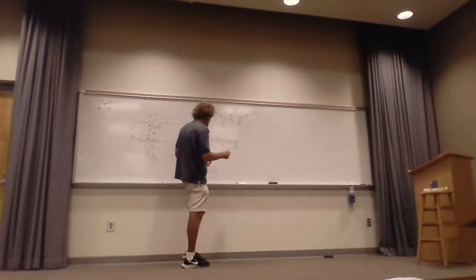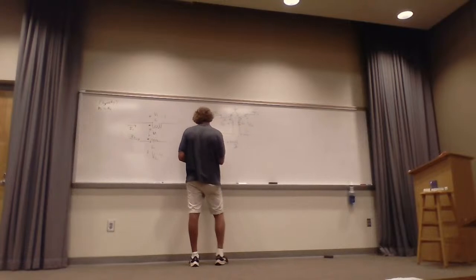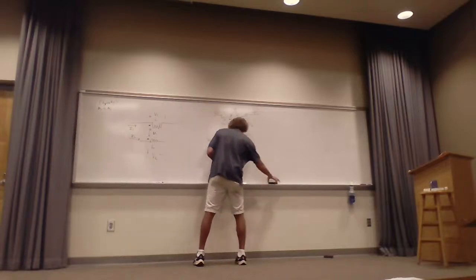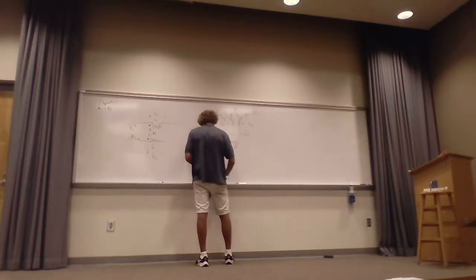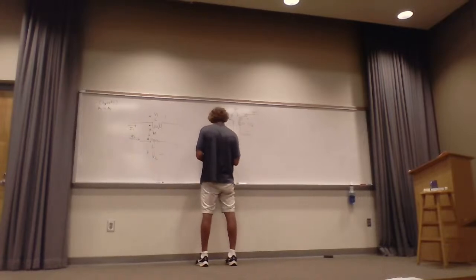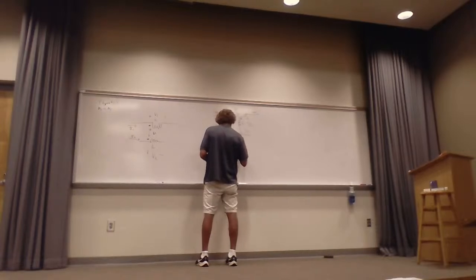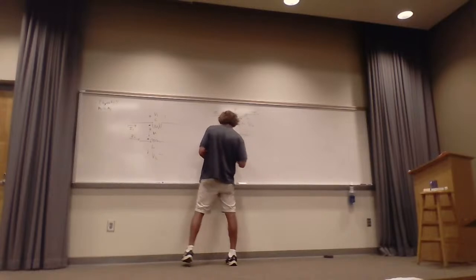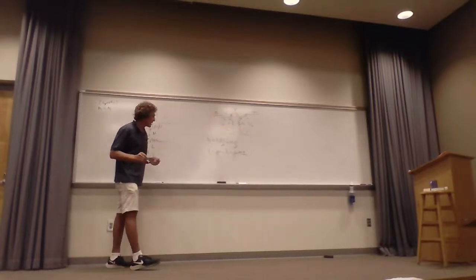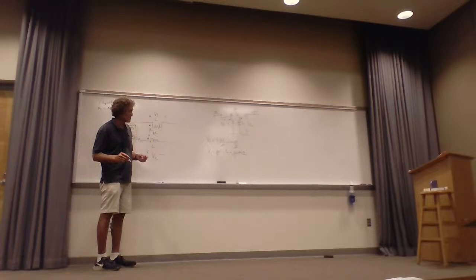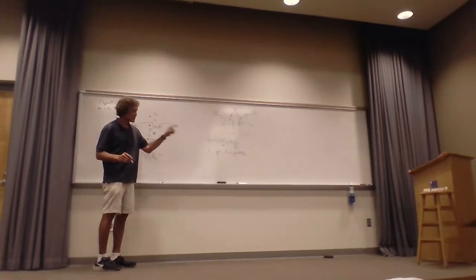So what I can do is write V1 is equal to j omega L1 times I1 plus j omega M, the mutual will be the same, times I2. That would be V1, and V2 would be identical, only I1 would swap with I2.